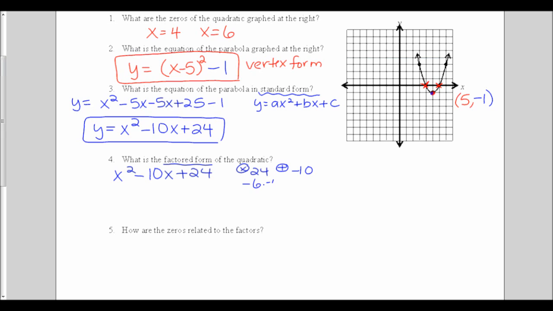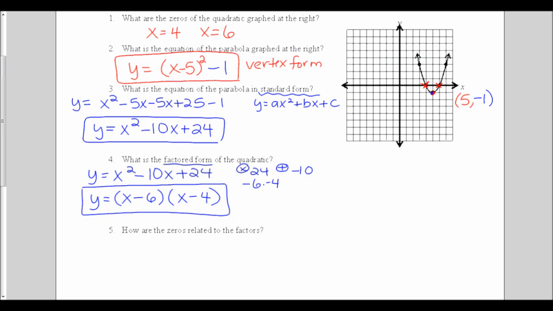So -6 times -4 is going to multiply to 24, and -6 plus -4 is going to add to -10. So I can rewrite this in factored form as x minus 6 and x minus 4. This was an equation, so I'm going to leave my y equals there. That was original, and this is what we call factored form.